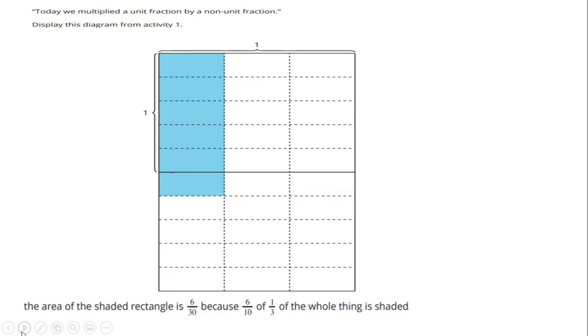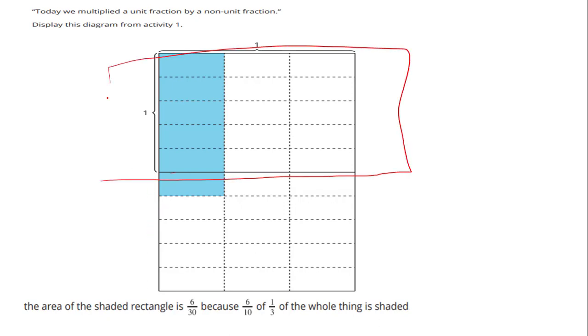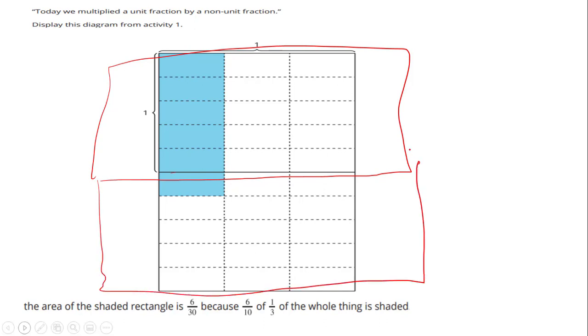Kyron wrote the explanation. I think the area of the shaded rectangle is 6/30 because 6/10 of 1/3 of the whole thing is shaded. Well, what do you think of what he says? What do you think he means? Well, I think that he thinks the 2 squares, this square and this square, is really one rectangle.